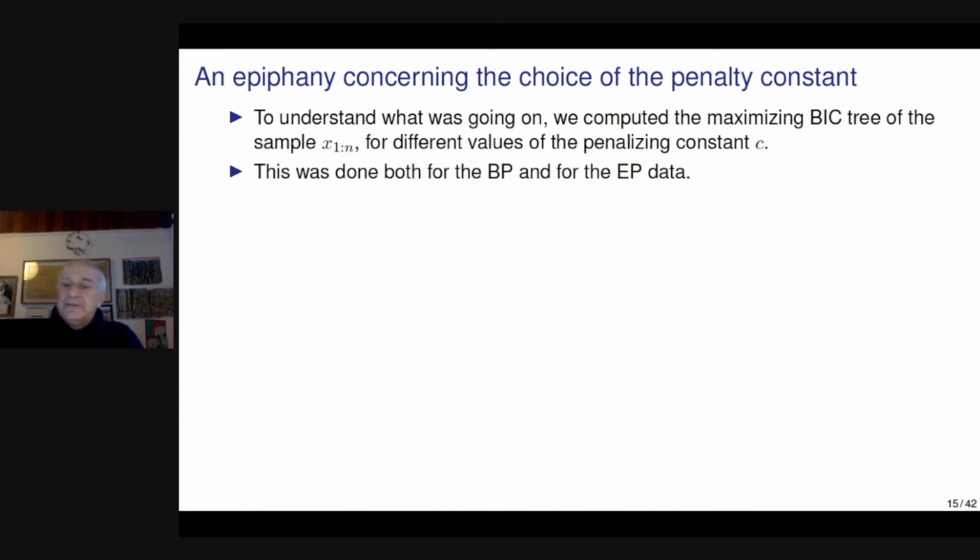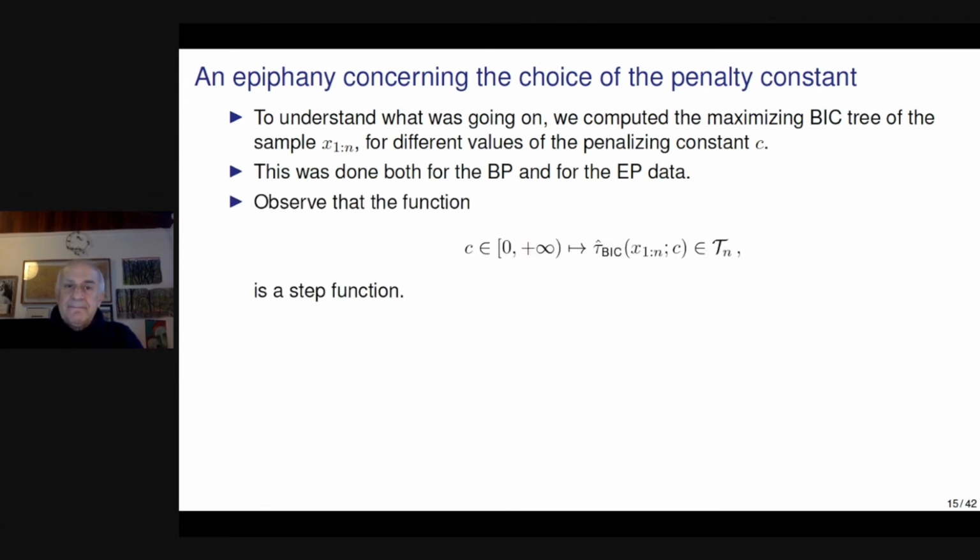We did it for EP and BP data. Observe that the function which assigns a tree to each value of the penalizing constant is a step function, because for an interval of values in C, the tree does not change.